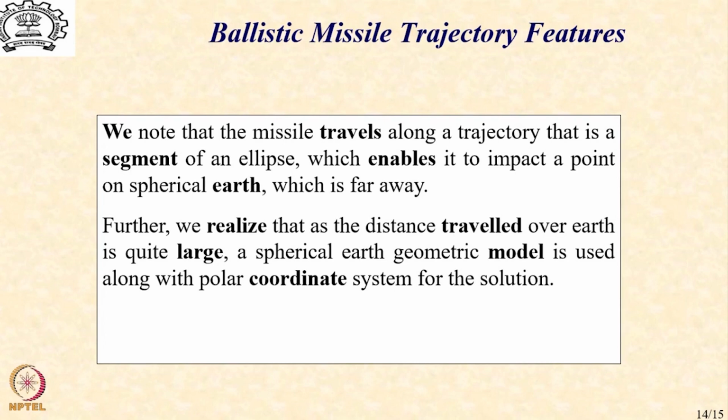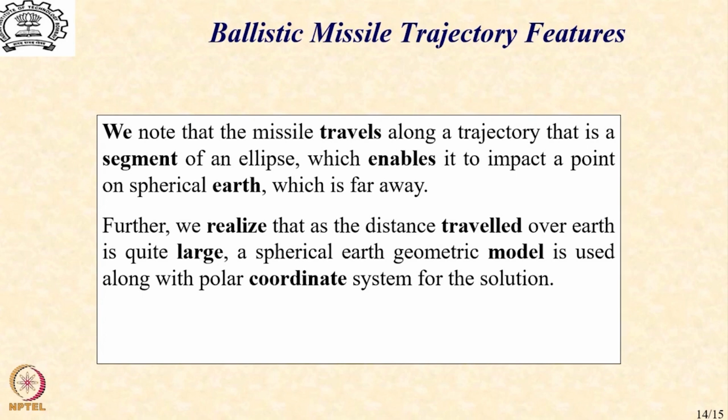Let me also mention here that the nature of the solution is somewhat similar to the solution that we commonly get for reusable launch vehicles, as well as spacecraft orbits, which you will probably see in a different context.